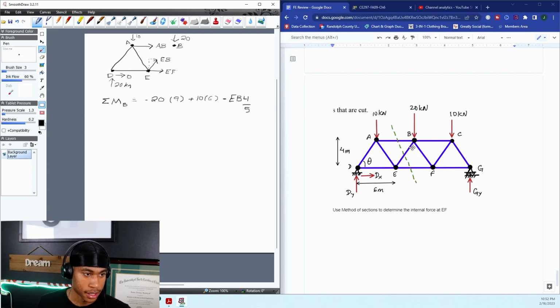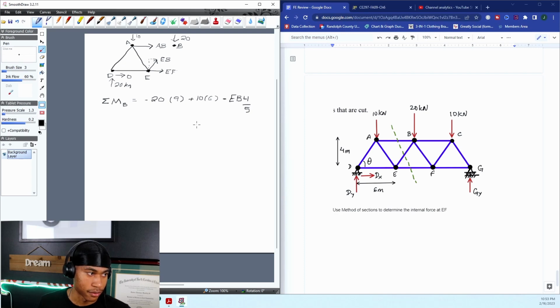Okay, I got 5 because it is the hypotenuse of this triangle. It's a 3, 4, 5 triangle. And the way that you get that is basically you take 3 squared plus 4 squared, and that should give you 25, right? And then you take the square root of that, which gives you 5.